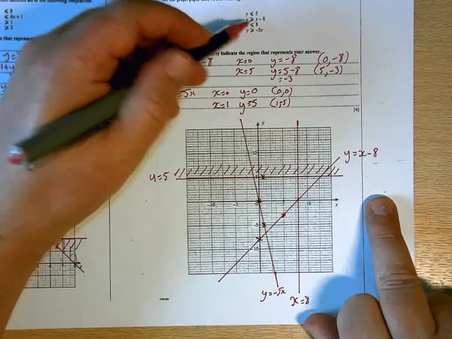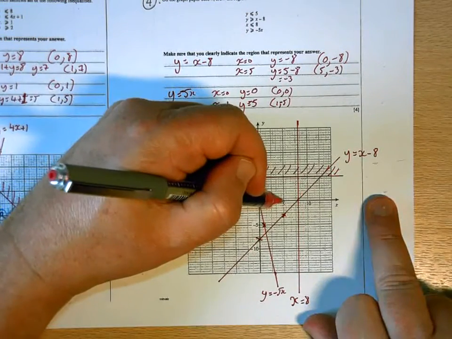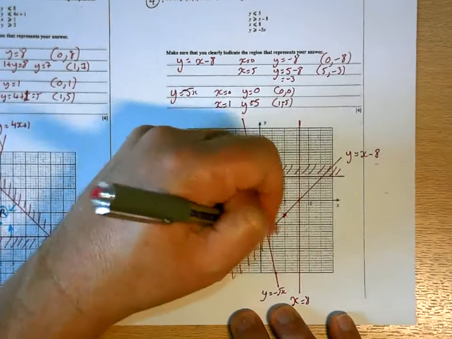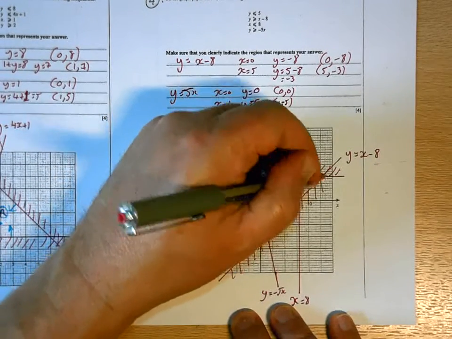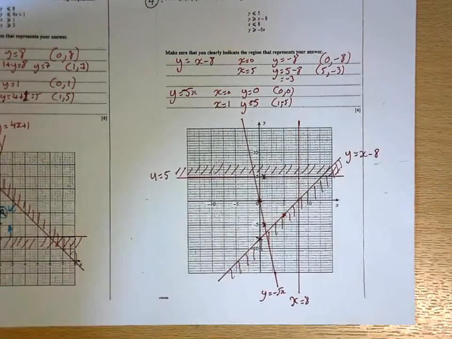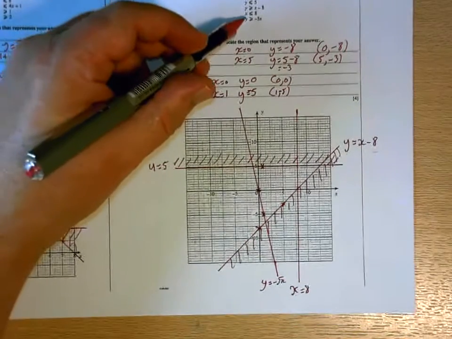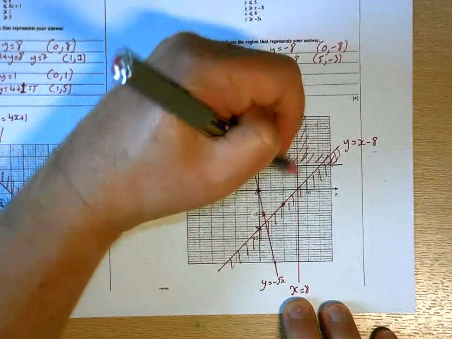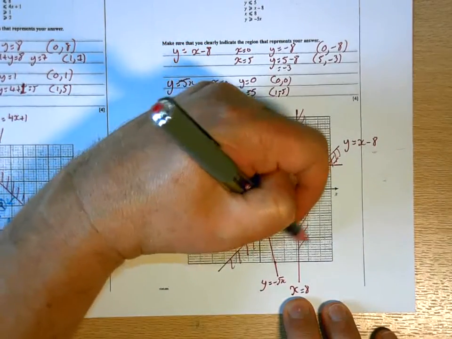That's true. So that stays in. So we can knock out everything below that line. X is less than or equal to 8 means any x coordinate bigger than 8 gets knocked out.